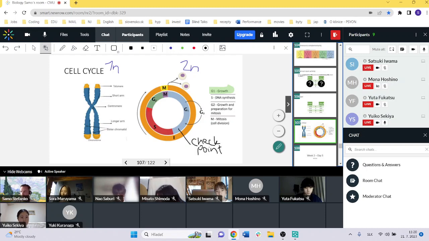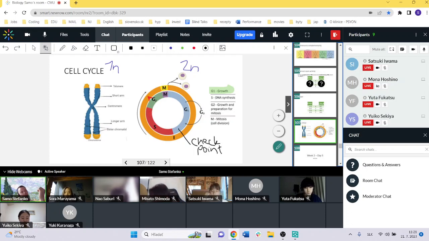Go on. G2 is a period of preparation for cell division. Protein synthesis in this process. That's all. Okay, yes. But there is one very important thing to mention. You are absolutely right.